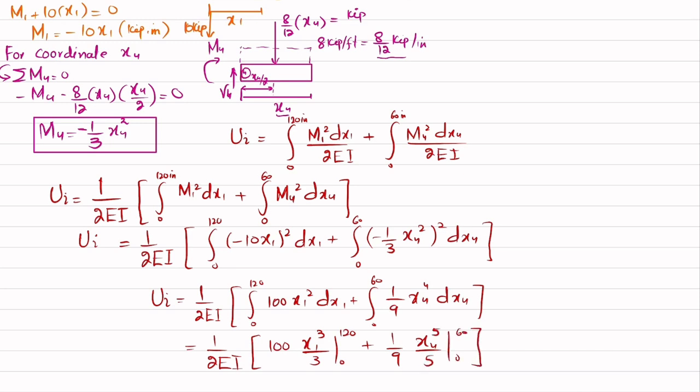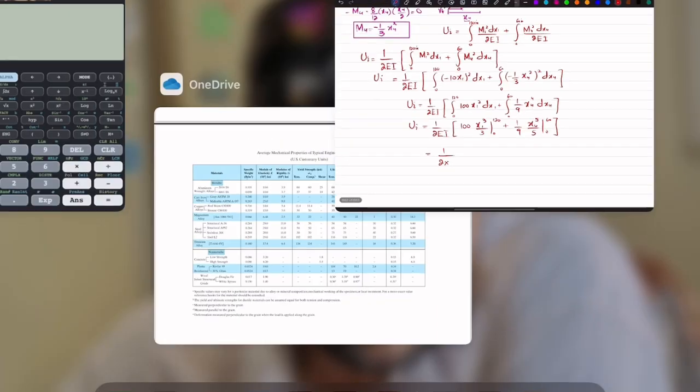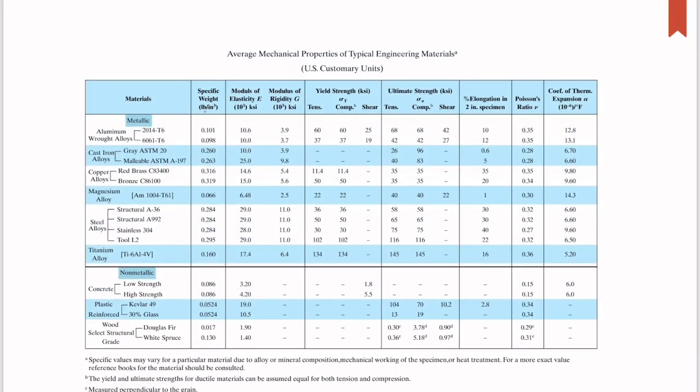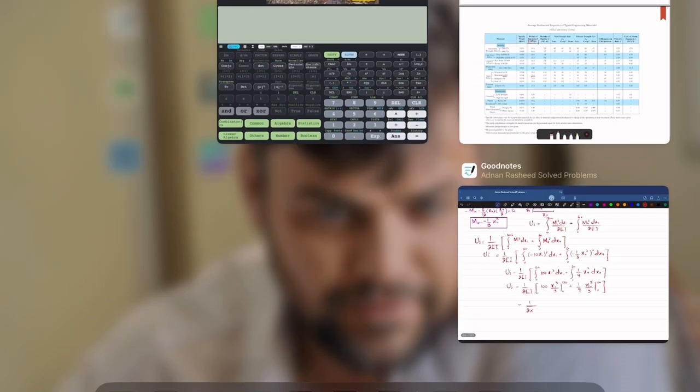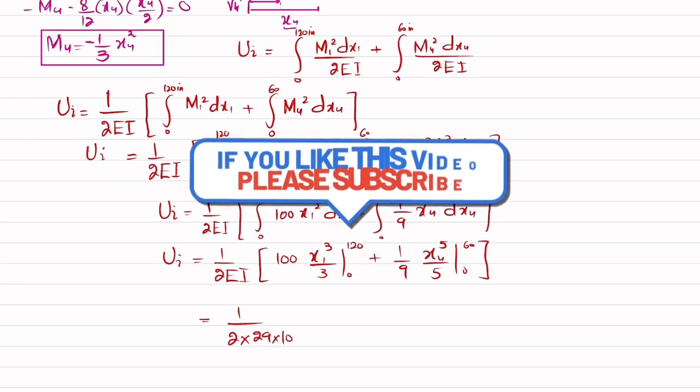The integral of x1 squared will be x1 cubed over 3, with limits from 0 to 120, plus 1 over 9 times the integral of x to the power 4, which is x to the power 5 divided by 5, with limits from 0 to 60. Now take the value of E from the property table. E for A992 steel is 29 times 10 to the power 3 ksi.